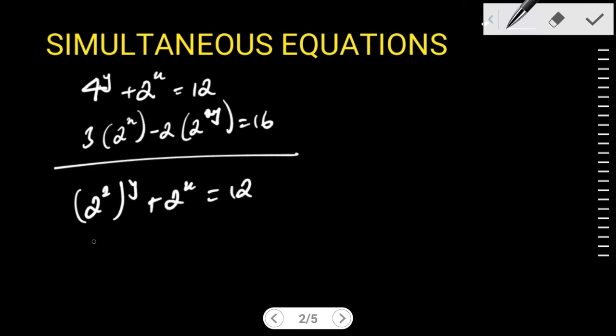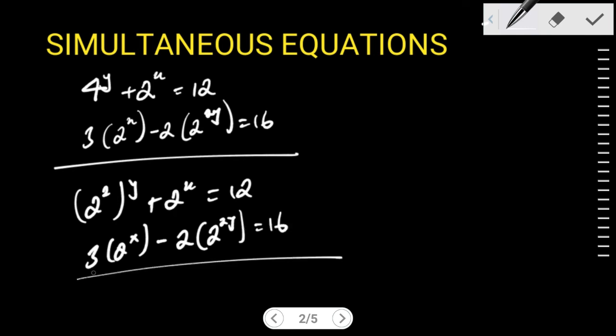And for the lower one, I'm going to have 3 into 2 to the power x minus 2 into 2 power 2y equals 16. So the lower one is already simplified, and if I label them, this is equation 1, this is equation 2.